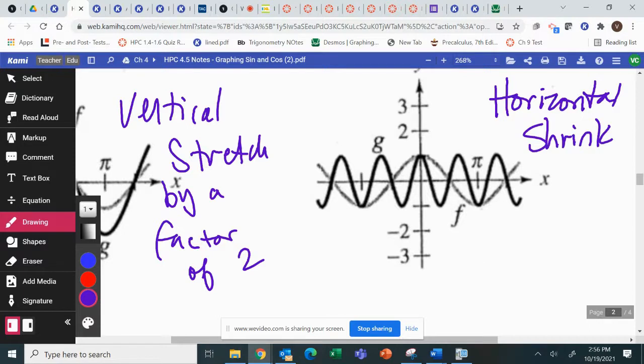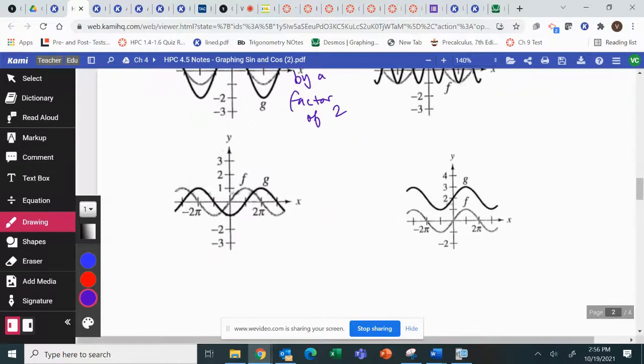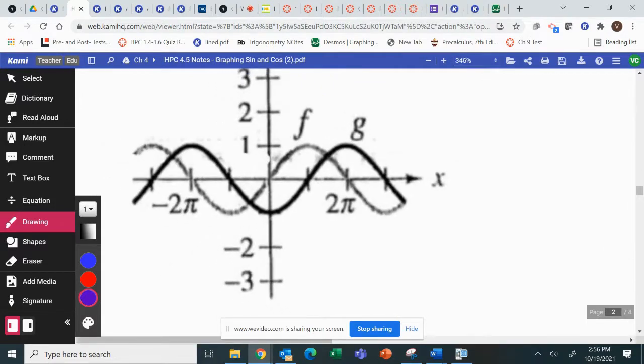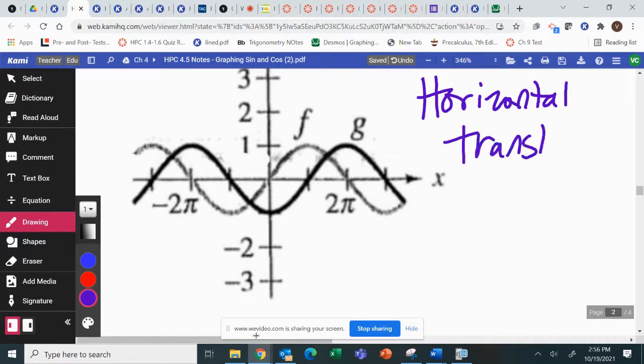And we could figure out what the factor is, but I don't really have enough time. What is happening in this one from F to G? A horizontal translation. Yep.